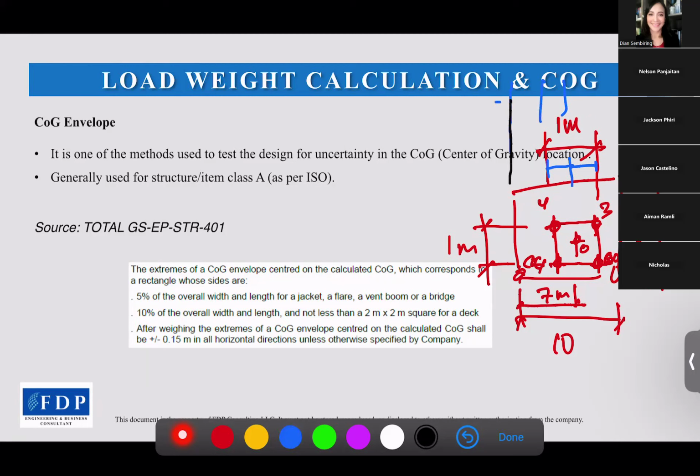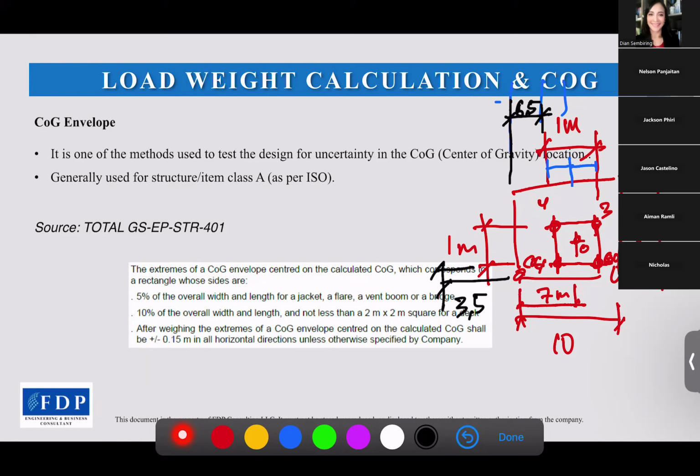And we get the 3.5 from... so we have COG1, 2, 3, 4 that we will use in our analysis.